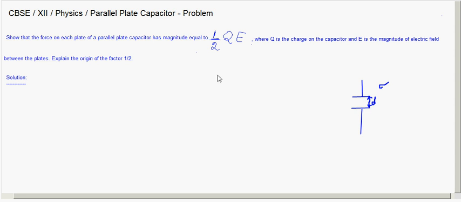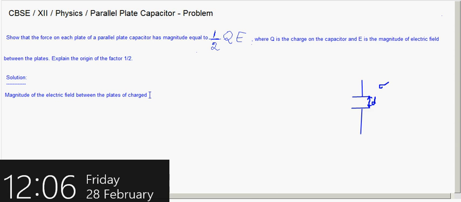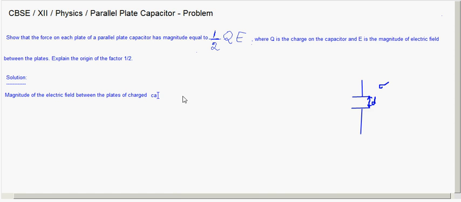We will use the same thing here, and we found that the magnitude of electric field between the plates of charged capacitor is capital E equal to sigma divided by epsilon naught.